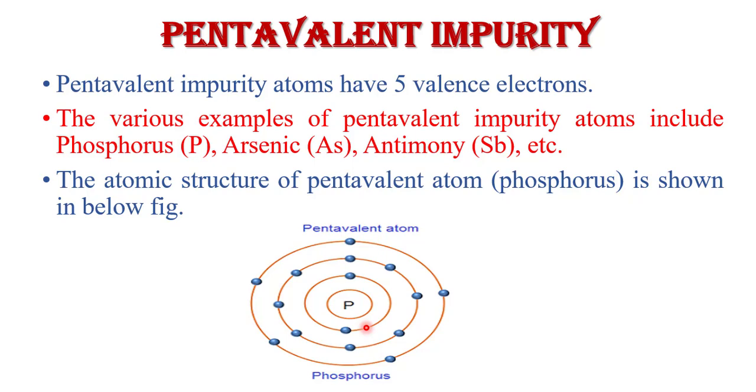Phosphorus atom has a total of 15 electrons. Here we see 2 electrons in the first orbit, 8 electrons in the second orbit and 5 electrons in the outermost orbit. Because there are 5 electrons in the outermost orbit, it is called a pentavalent atom.